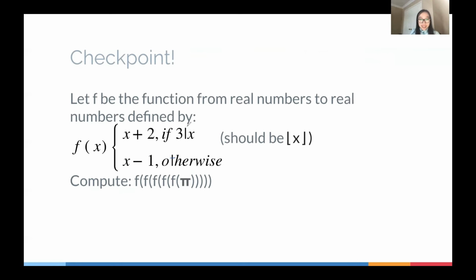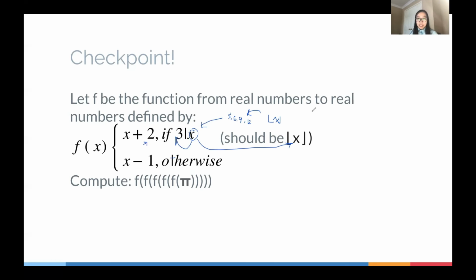And this 3 line x is basically just if x is a multiple of 3, like 3, 6, 9, and it shouldn't be x, it should be the floor of x because I can't type floors. So this is basically saying if the floor of x is a multiple of 3, then we increment x by 2.